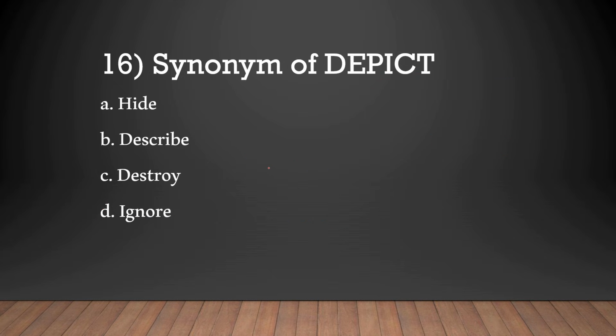Okay, next, synonym of the word depict. Depict means to represent or show something through words, through pictures, or any kind of art. Okay, it is often used when someone gives a detailed description of something. Okay, so depict means one kind of description of something, that is depict.